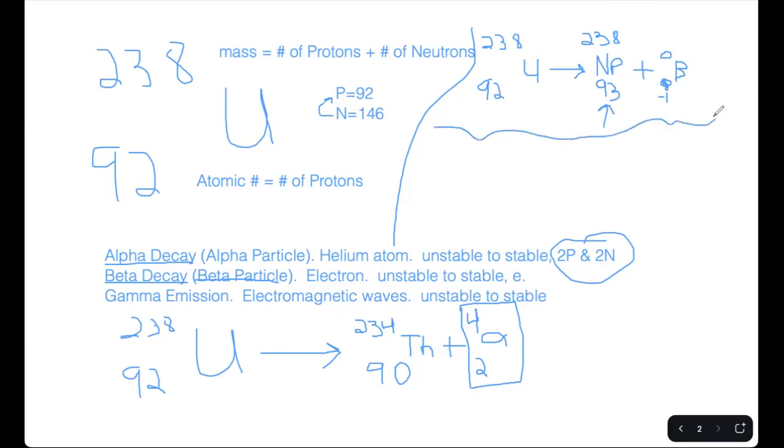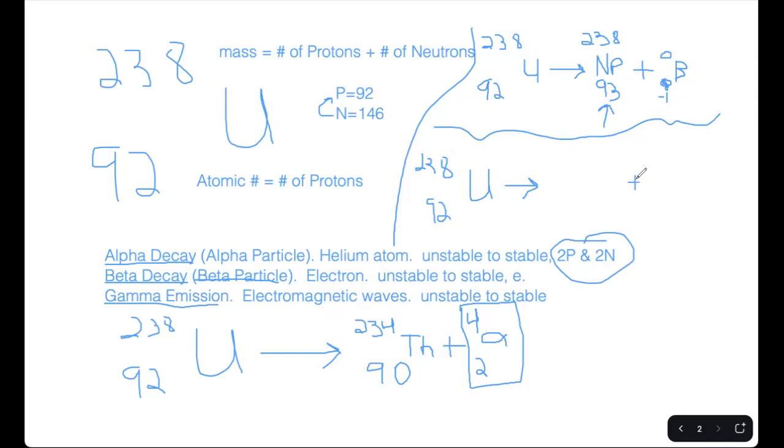Now, the last one is easy for many students to write and to draw. We have uranium. It has a mass of 238. And it has a number of protons, 92. When it undergoes gamma emission, okay, we're going to release a gamma particle.